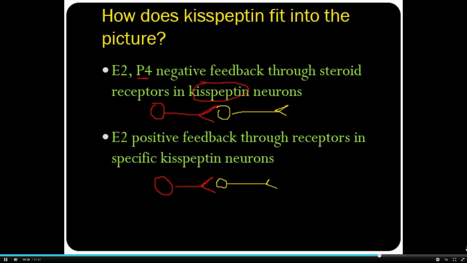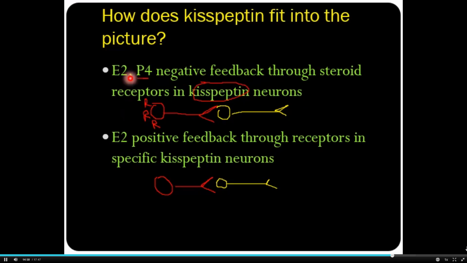Estradiol and progesterone both can have negative feedback through steroid receptors that are found on the kisspeptin neuron. So you could draw some little R's here. These are going to be receptors that are on the actual neuron. As progesterone attaches itself to this receptor on the kisspeptin neuron, what that's going to do is travel down and prevent the GnRH neuron from releasing GnRH into the portal system.